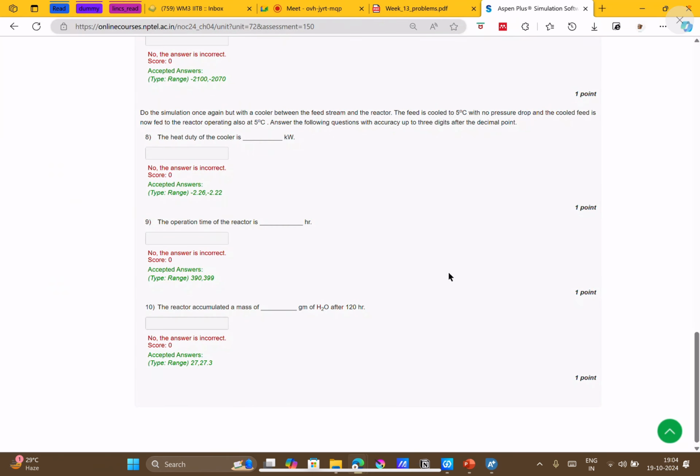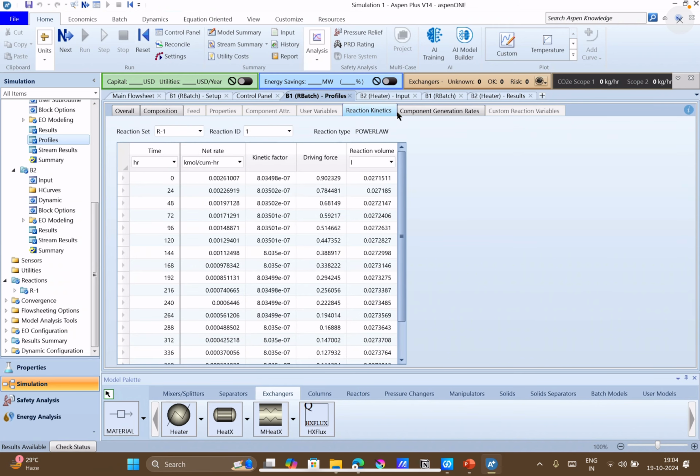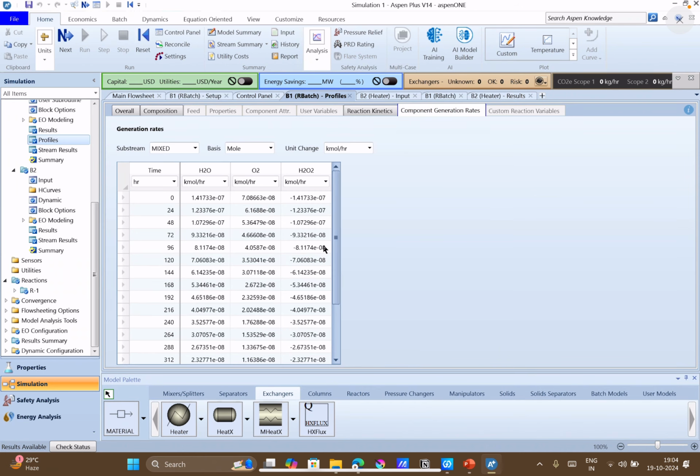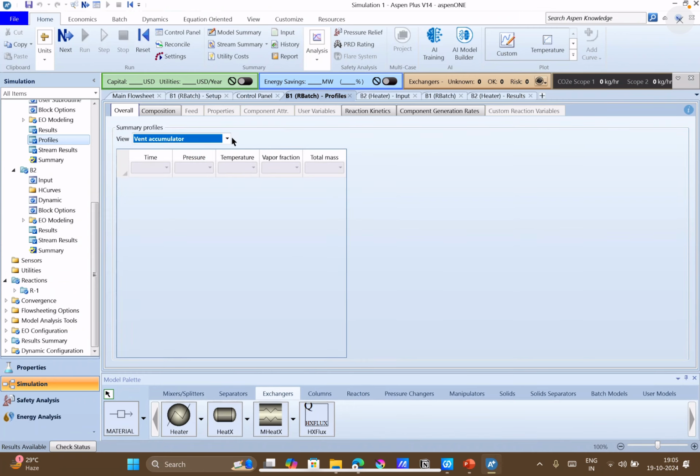After 120 hours. Net rate, driving force. We have to see the accumulation, right? Accumulation should come, vent accumulator. No, there is no vent.